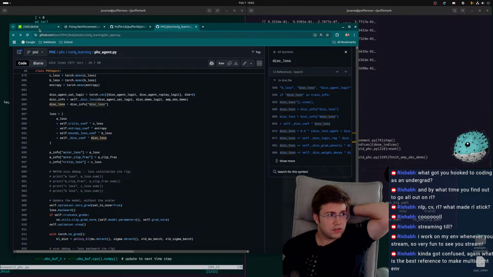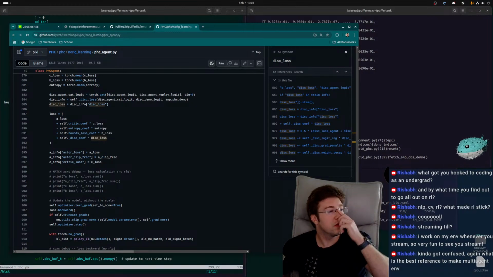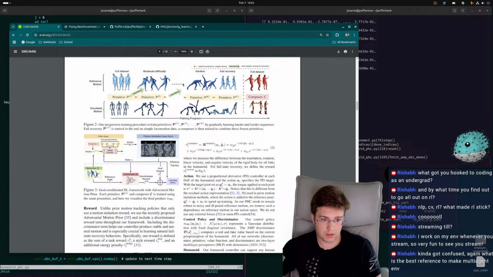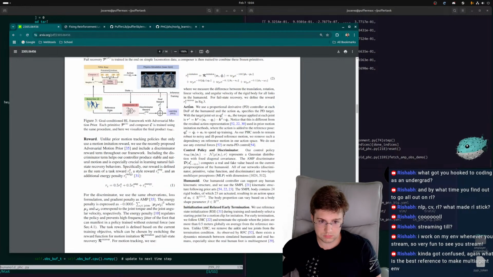What's the discriminator doing? Isn't it just trying to figure out, see, the loss function that you sent me on that is not what is implemented, so I'm confused. The discriminator is just trying to tell apart your current state from the demo state, isn't it?